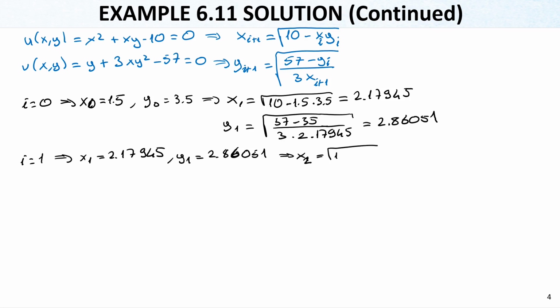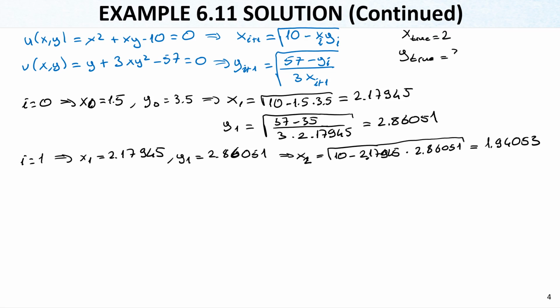Square root of 10 minus 2.17945, which is x1, times 2.86051, which is y1, and the result is 1.94053. You can see it's getting closer to 2. The actual values, x true was 2 and y true was 3. So we want to approach these, and it's getting closer actually.